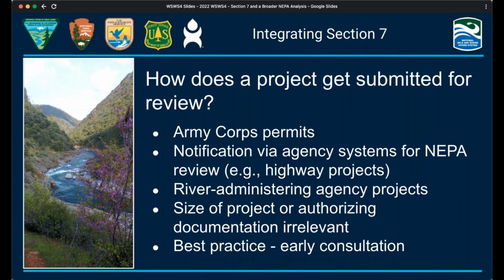So a project can be submitted for review through a variety of channels. Best practice is to build relationships with parties who are regularly working on new projects. These parties include personnel who work for the Army Corps of Engineers and state and federal highway agencies.